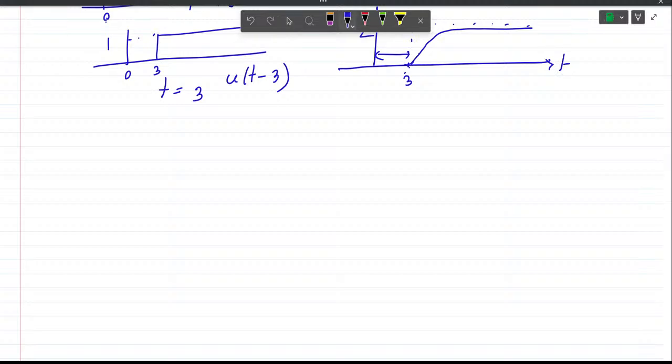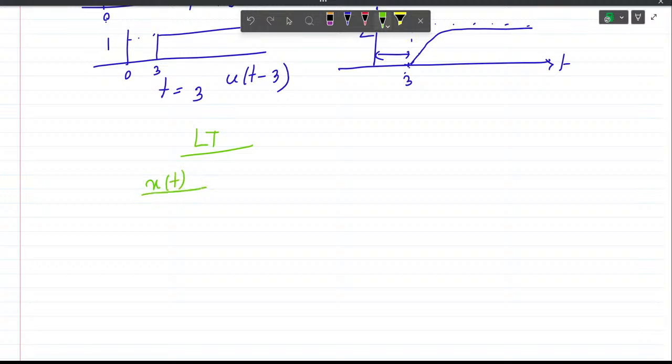So let us discuss the Laplace transform. Inherently we will discuss here only the unilateral transform. Let the signal or the variable be x of t.